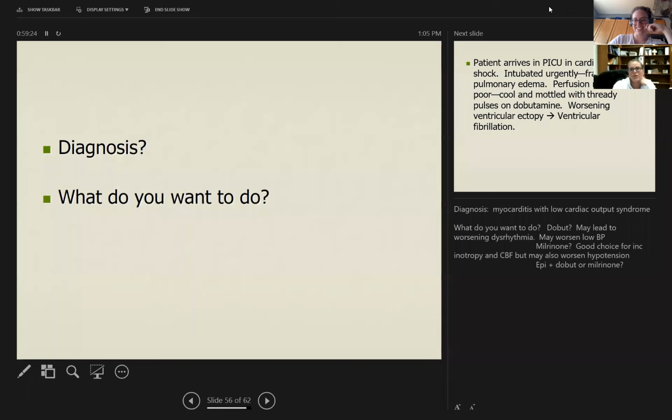Low-grade fever, feeling kind of cruddy for a couple days, a little bit of a dysrhythmia, and cardiogenic shock. Tamponade, but from what? So maybe she picked up some kind of virus that's affecting her heart. What's that called? Myocarditis. There you go.